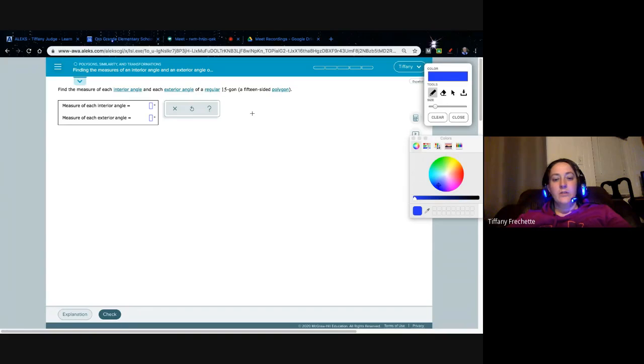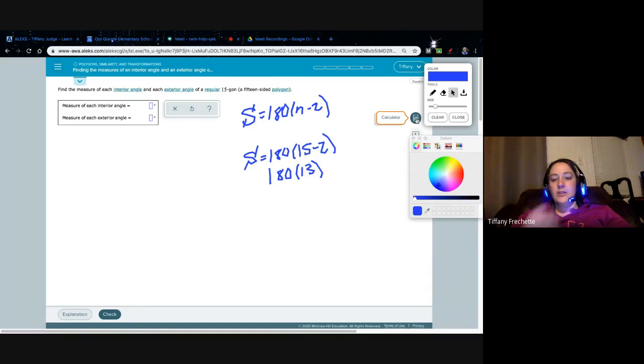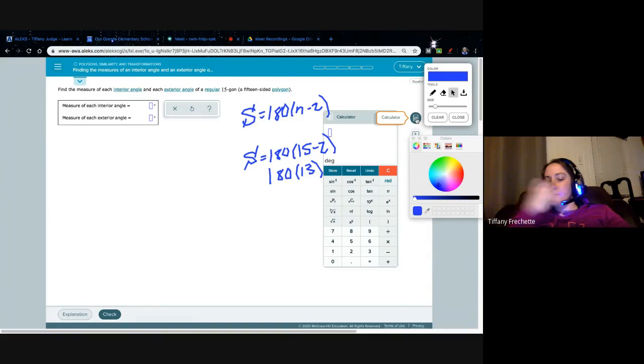So we know that S, the sum of the interior angles, equals 180 times n minus 2. So we're going to say the sum equals 180 times 15 minus 2. 180 times 13, and they do in fact give us the calculator here. So you can multiply this out if you want to.